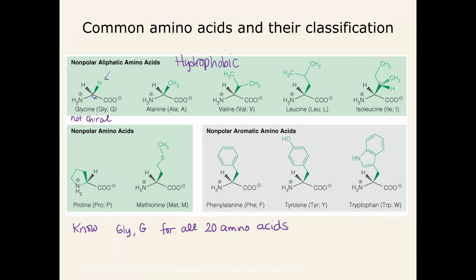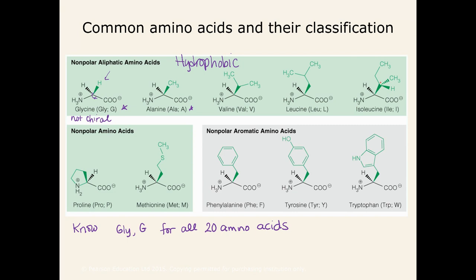Okay, out of this bunch, I would say for sure, know your glycine. That one's easy. I'll have alanine, not necessarily a critical amino acid, but it gives you an example of an aliphatic one with a hydrocarbon. Okay, these are all hydrophobic and nonpolar.